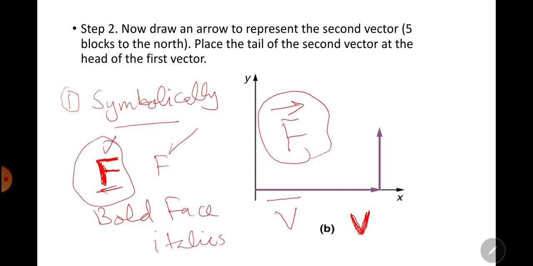Or you put an arrow over it, then it does not represent speed, it represents velocity. So symbolically, a vector can be represented by writing the symbol in bold face italics, or by putting an arrow over it.